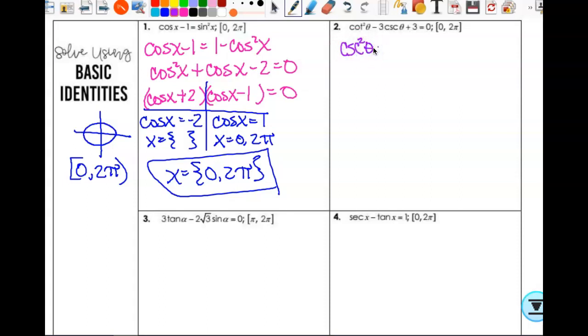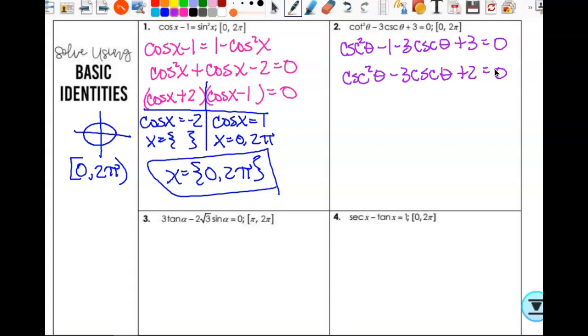So cosecant squared theta minus 1 minus 3 cosecant theta plus 3 equals 0. Okay, everybody good? So now this gives me cosecant squared theta minus 3 cosecant theta plus 2 equals 0.